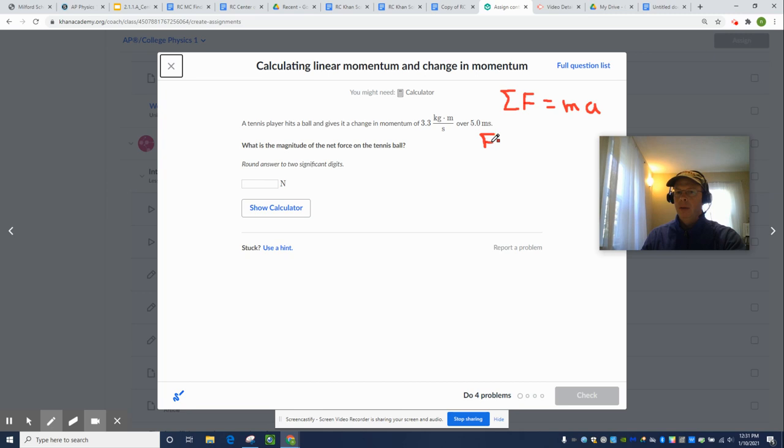So what's that? Well, change is always final minus initial. So all you do is you do V final subtract V initial, and then you divide by time to get the rate. So again, acceleration is the rate of change of velocity. And this is how I like to write that formula.